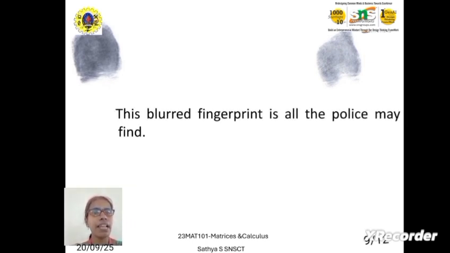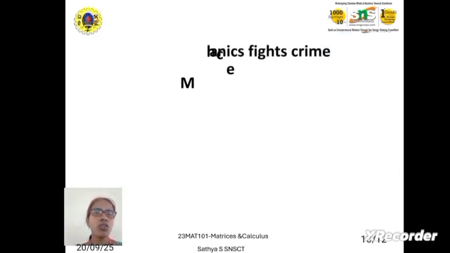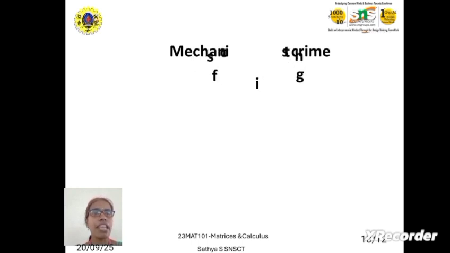Now what is it? It is nothing but a blurred fingerprint. The police will find the fingerprint from the accident place, and by running the blurring process backwards, math can clear up the fingerprint. Under this concept, maths plays a major role.